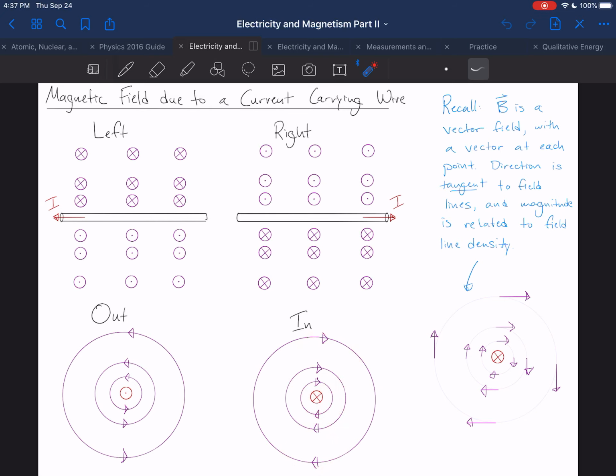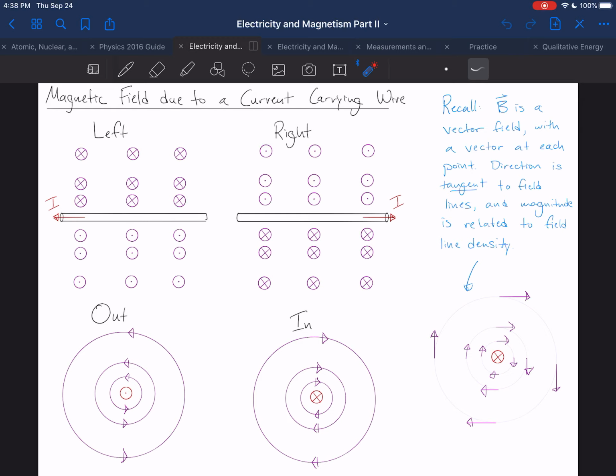One final note here, recall that magnetic field is a vector field, which means that the direction of the magnetic field is actually tangent to the field line, and the magnitude is related to the field density. So perhaps a better representation of the magnetic field would involve these tangent arrows at every point, okay? And the strength of the field should actually be higher closer in.